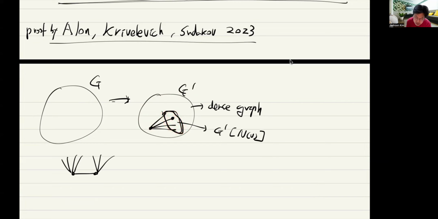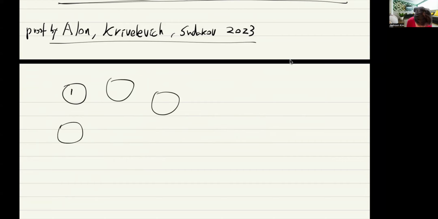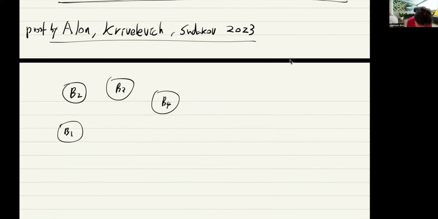So we can reduce our situation to a dense graph. And in a dense graph, what do we have to find? We want to find many sets D1, D2, D3, D4, so that these are connected and there is at least one edge between them.